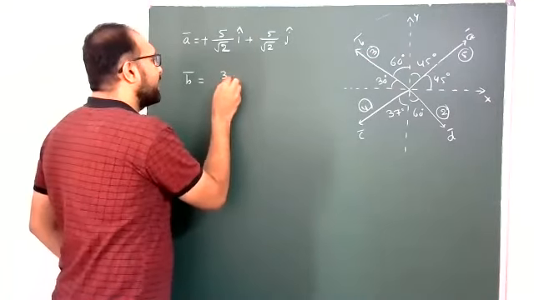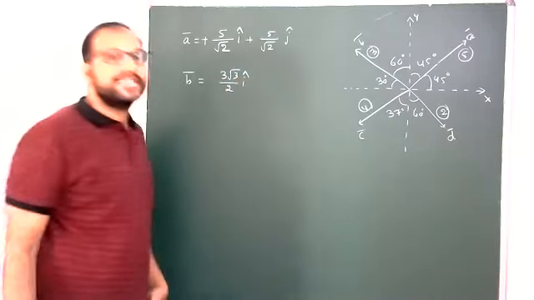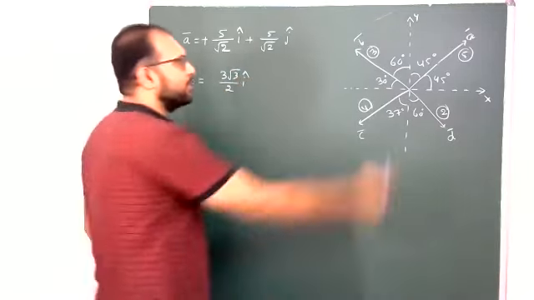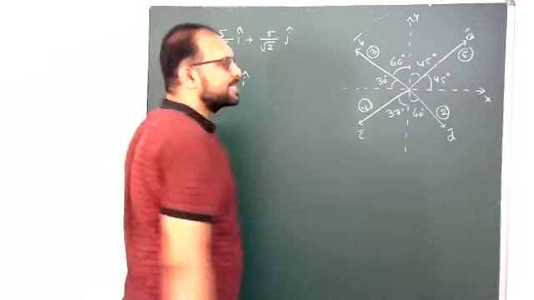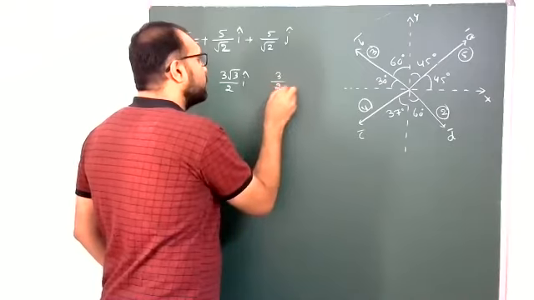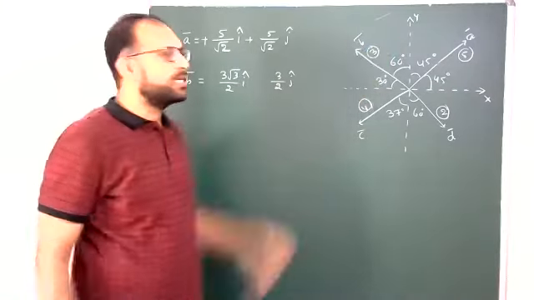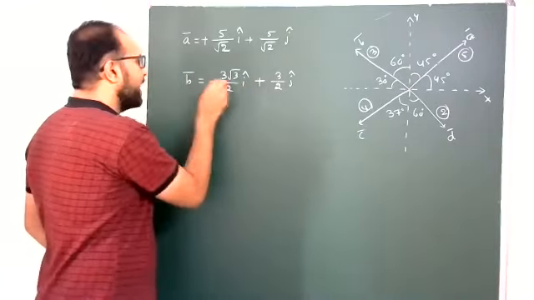That is 3 root 3 by 2 i cap, the x component. Next, the y component is cos 60, that is 1 by 2, so 3 by 2 j cap. But students, here x is negative, y is positive.